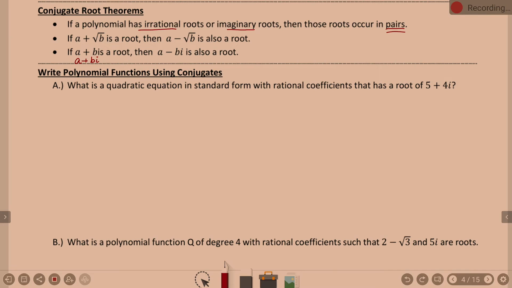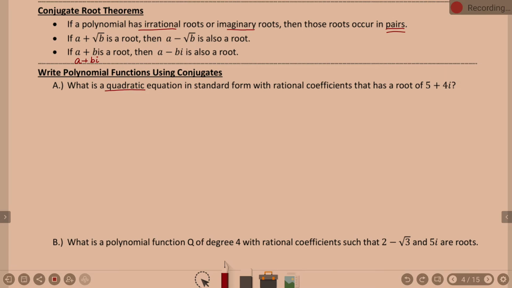This first one asks us to write a quadratic equation in standard form. So in standard form means it has to be multiplied out with rational coefficients that has a root of 5 plus 4i. Now, they're telling us to write a quadratic equation.